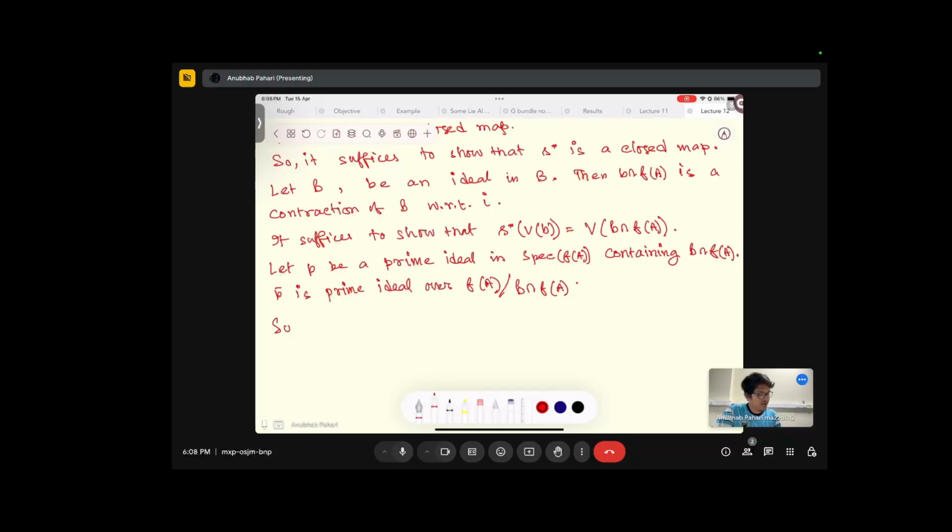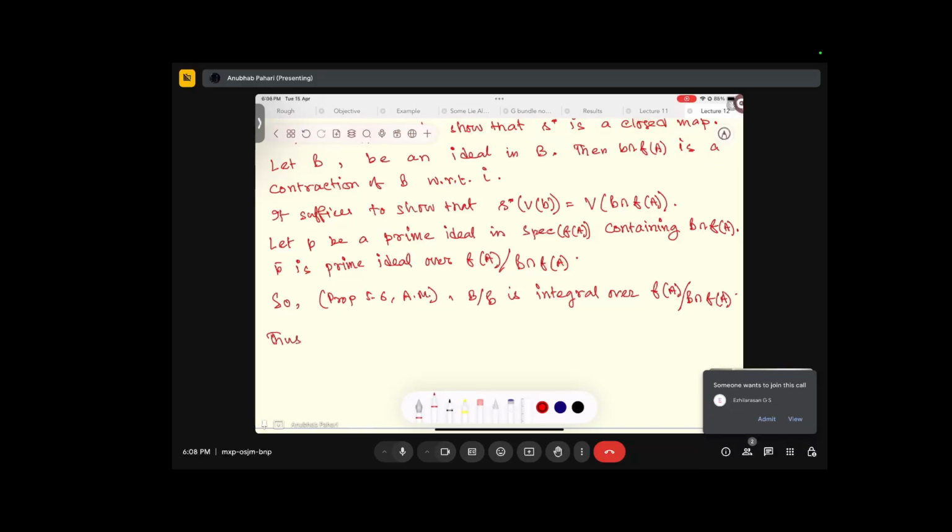So from Atiyah-Macdonald proposition 5.6, B by b is integral over f(A) by b intersection f(A).